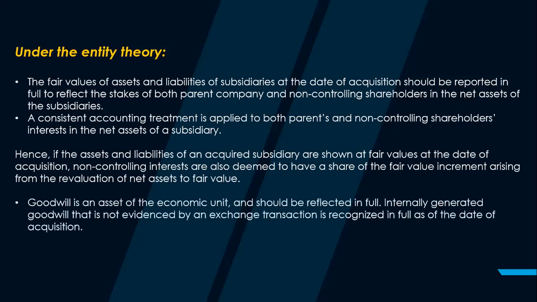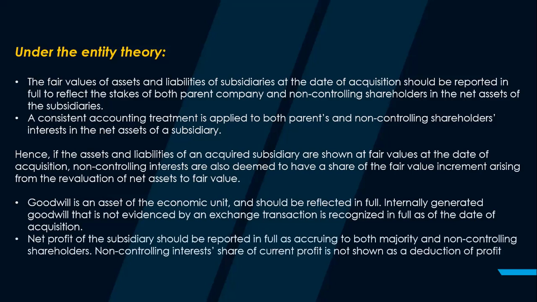Goodwill is an asset of the economic unit and should be reflected in full. Internally generated goodwill that is not evidenced by an exchange transaction is recognized in full as of the date of acquisition.